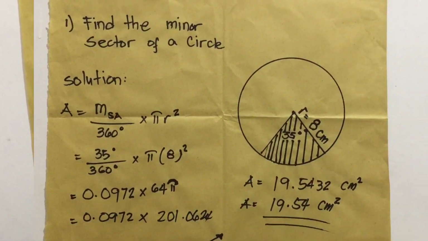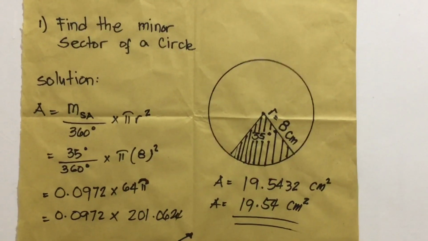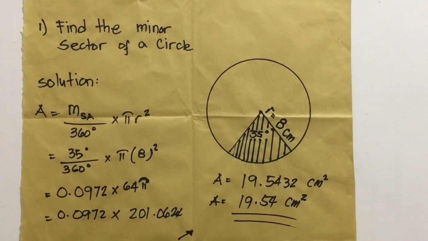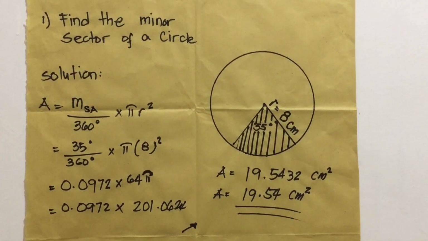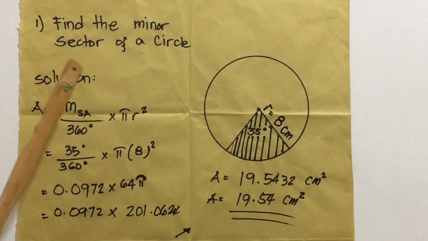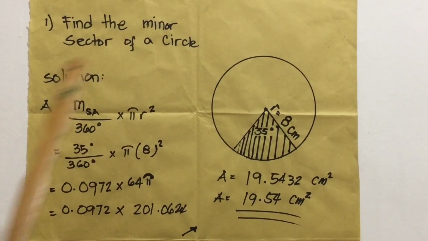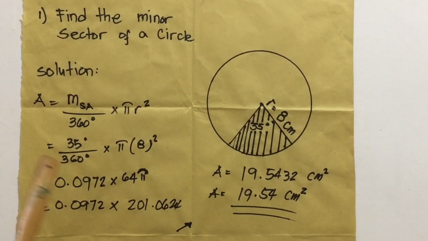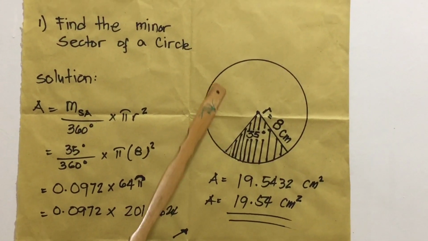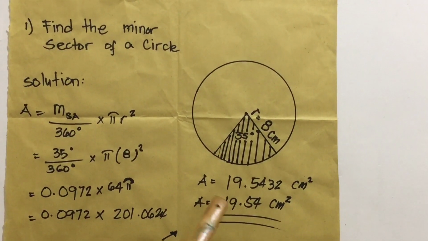We are going to have now a problem we are going to solve by finding the sector of a circle. Now the first question, find the minor sector of a circle. Since minor sector, we're going to proceed to the given figure, and we're going to determine the minor sector.